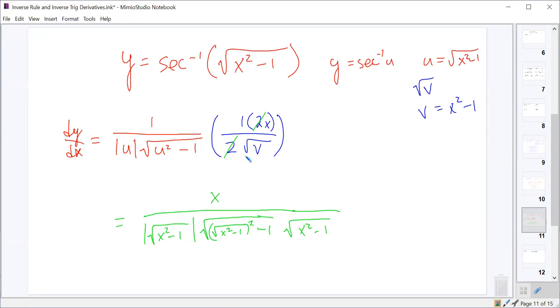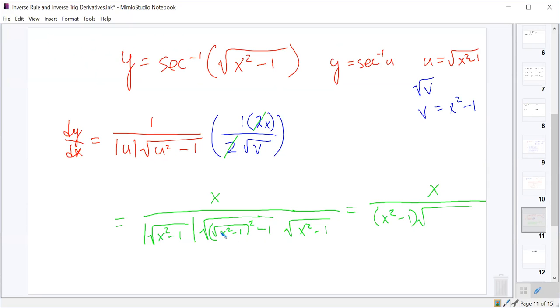Yeah, no, maybe? Yeah. Okay. Absolute value of a square root of something is just kind of redundant, right? The square root's always positive, so the absolute value doesn't mean anything. And I've got a square root of x squared minus 1 times a square root of x squared minus 1, which ought to be just x squared minus 1.